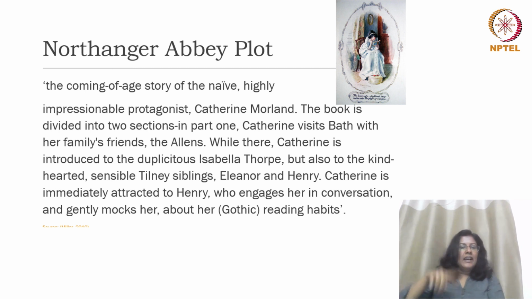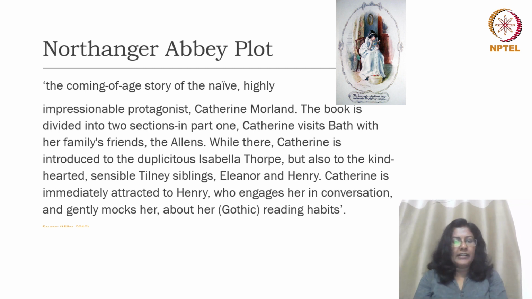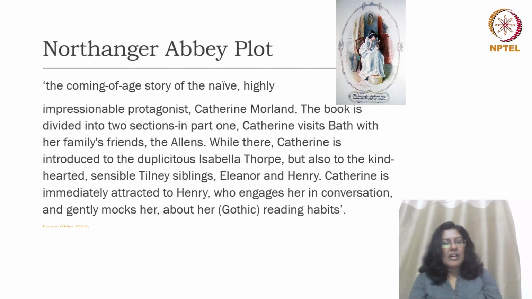She's introduced to Isabella Thorpe, but also to the kind-hearted and sensible Tilney siblings, Eleanor and Henry. Eleanor and Henry are the children of General Tilney. So Isabella is a kind of foil to Catherine Morland. Catherine is immediately attracted to Henry, who engages her in conversation and gently mocks her about her Gothic reading habits.